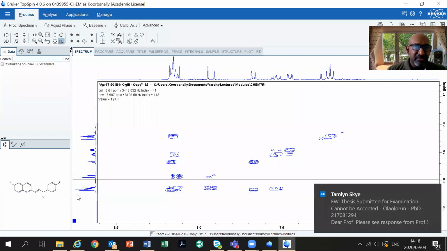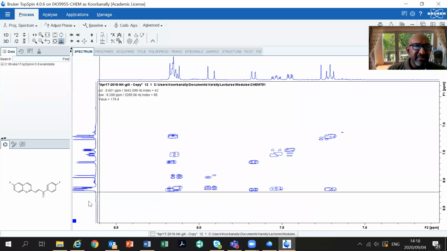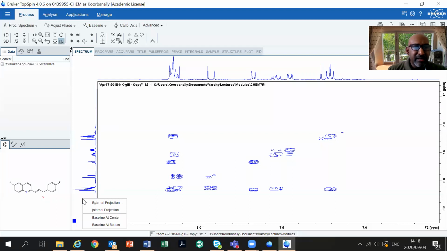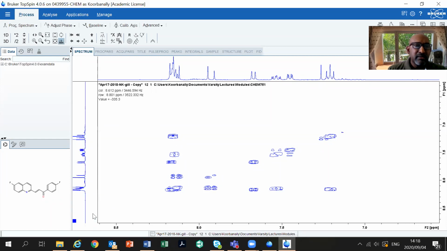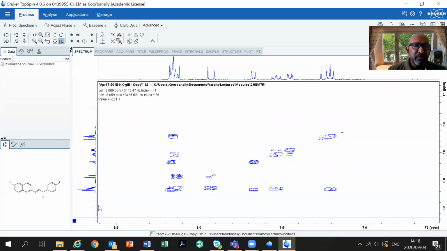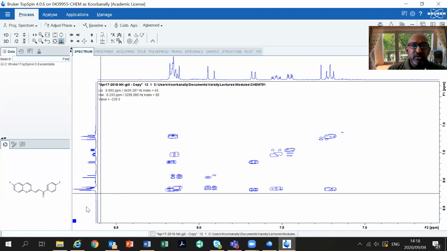And after making it active, I can increase and decrease the intensity of this particular spectrum just by using the roller on my mouse, right? I can also right click, and when I right click, I can make the spectrum go to the center, so it might look a little bit better. I can right click, and here you have the spectrum at the center. All right, I can bring it back to the bottom for you to see a bit clearer.